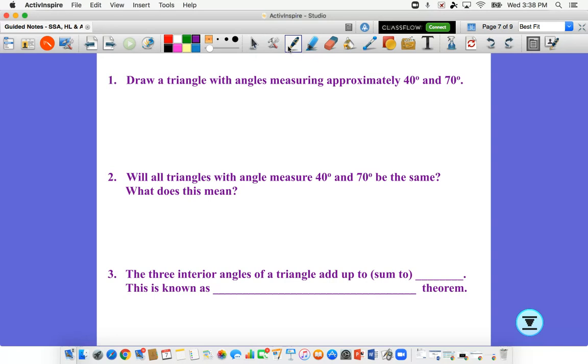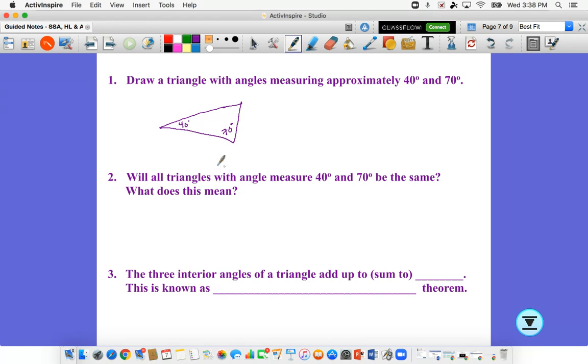What if I asked you to draw a triangle that had approximately 40 degrees and 70 degrees? Go ahead and pause the video and do that on your paper. I'm going to do it too. I'm going to approximate it. Let's say that's about 40, and I'll say that's about 70. I'm just really approximating now. Is my triangle the exact same one that's on your paper?